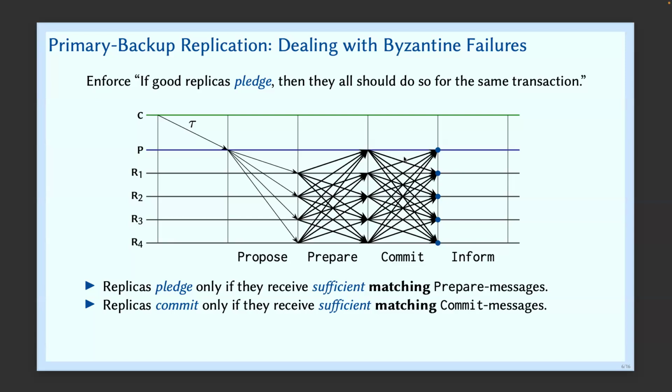There are enough people who know that the primary didn't lie. So even if recovery happens, one of these people will stand up and make sure that the transaction is preserved. Prepare gives you uniqueness, commit gives you the preservation guarantee. Prepare gives you that the primary didn't lie, and also that a quorum that is formed is unique. Commit gives you preservation, meaning enough people are now aware that the primary didn't lie, so it's okay to inform the client.